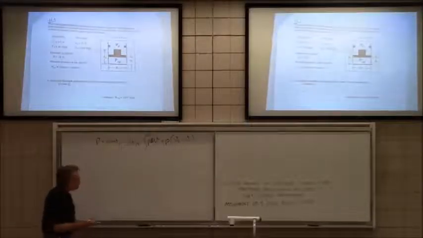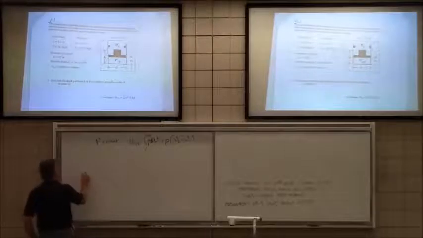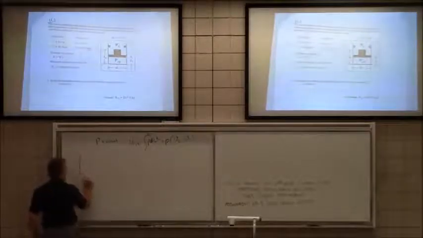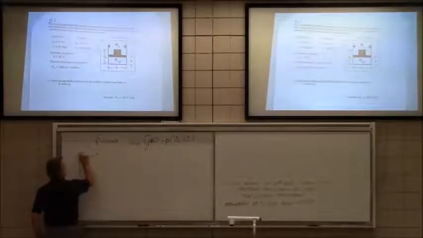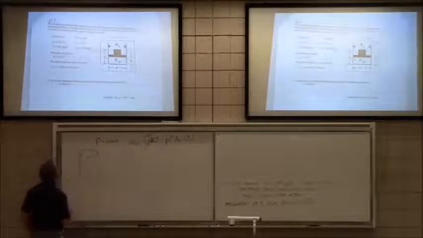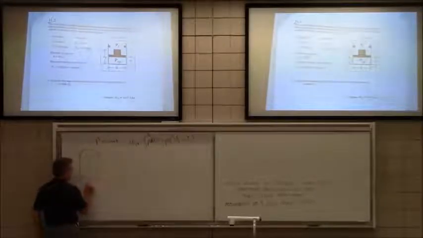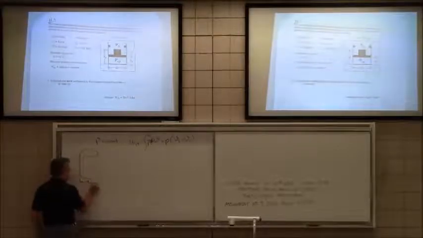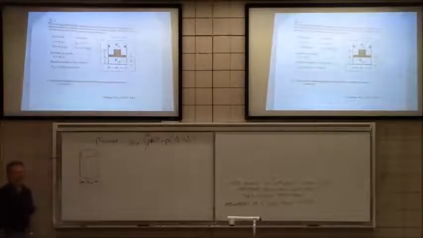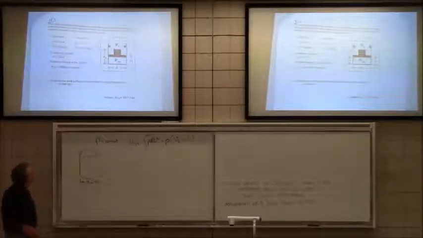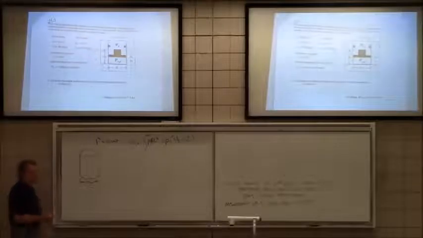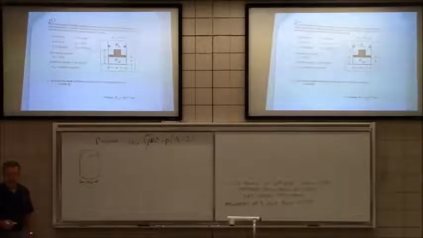So the first step, we're given the dimensions of the cylinder, right? The cylinder has a diameter of 12 inches. What we need to do is get the initial and final volumes, because we're given the pressure, right? The pressure is equal to 20 pounds force per inch squared. So what are our volumes?